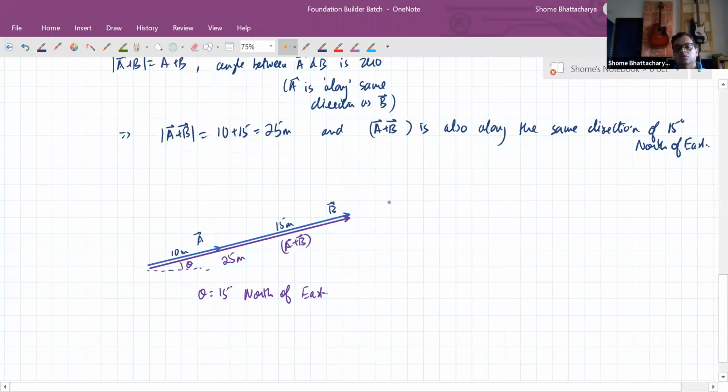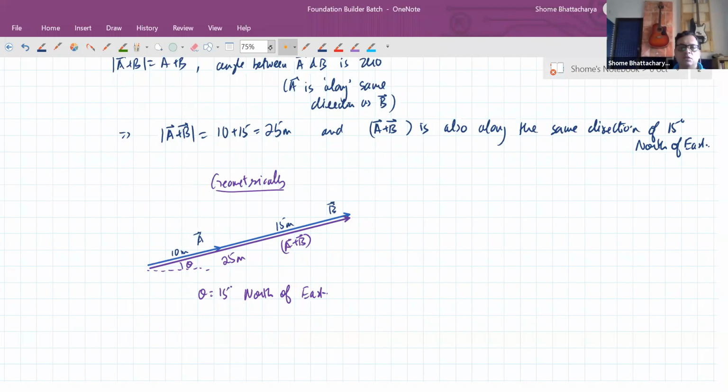Okay, so geometrically this is what it looks like. You can visualize this as well as understand it by the formula based method.